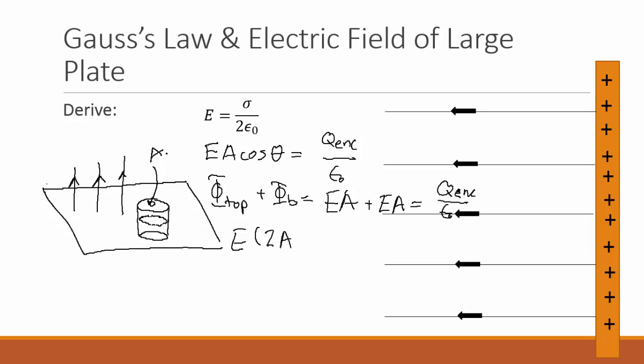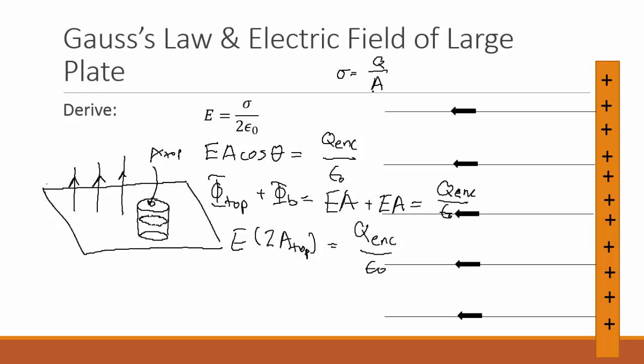So that means that the electric field times twice the area of the top, I'll call this area top for clarity, which is the same as the area on the bottom, equals the enclosed charge over epsilon naught. Well, how much charge is in here? I told you that the surface density was the same, and that sigma was equal to the charge over the area. And this would be the area of the sheet inside of here.